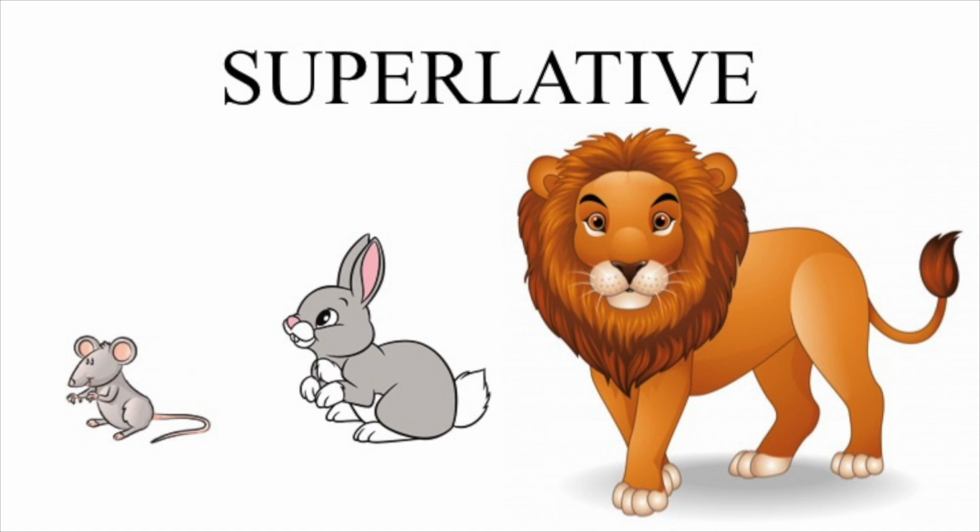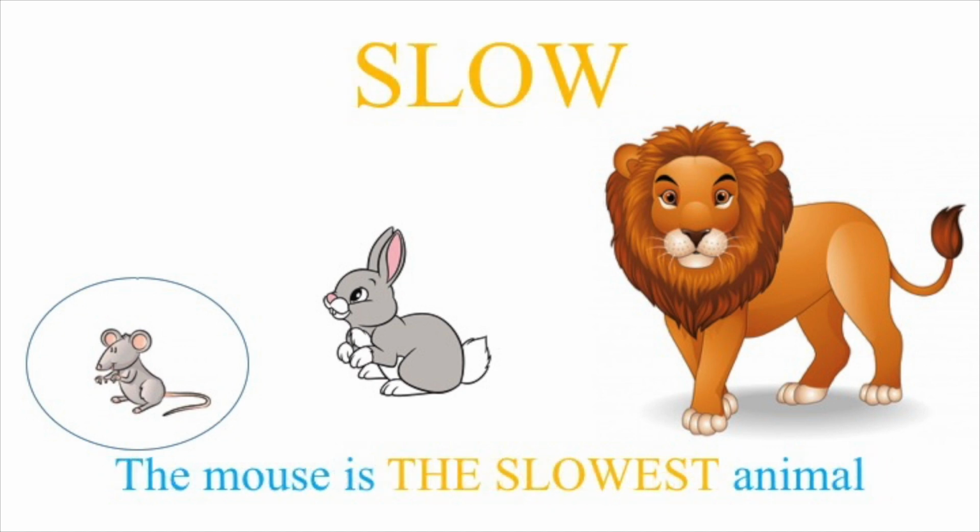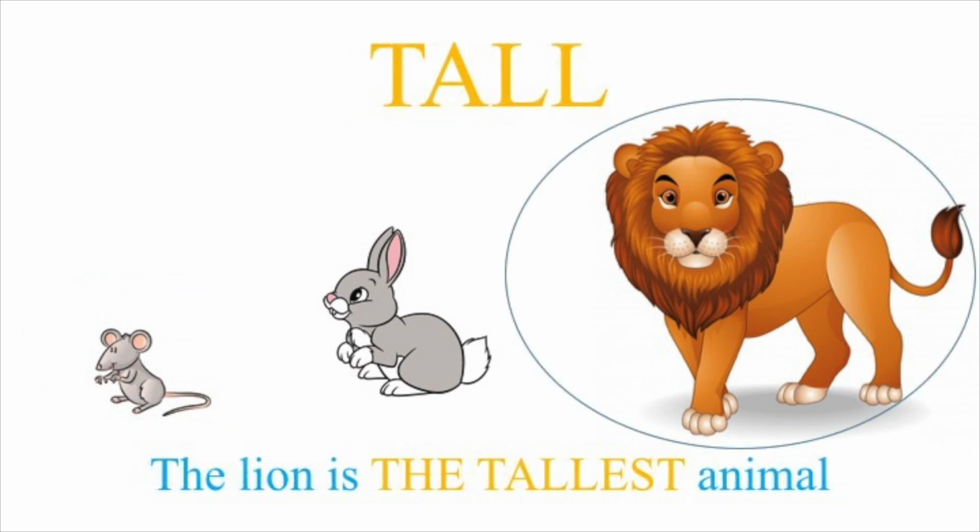Superlative. Small. The mouse is the smallest animal. Slow. The mouse is the slowest animal. Tall.